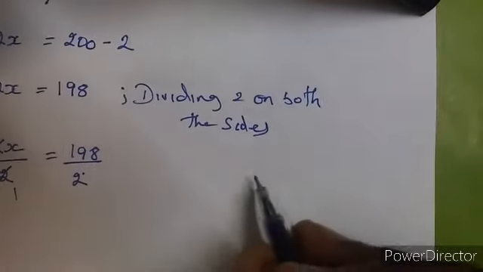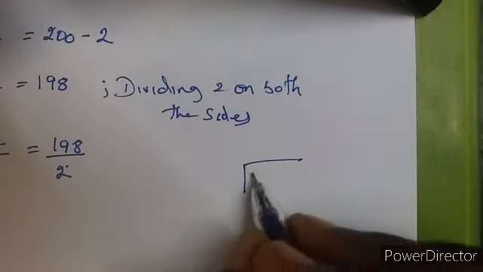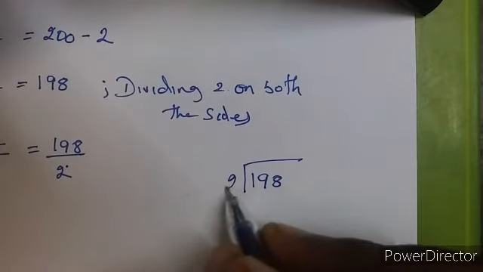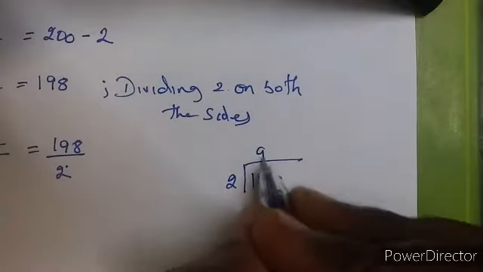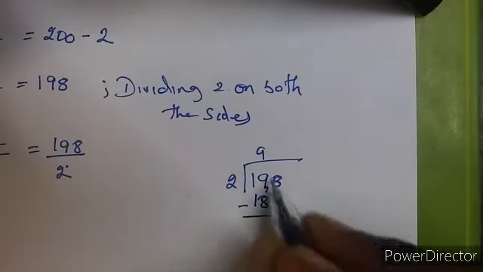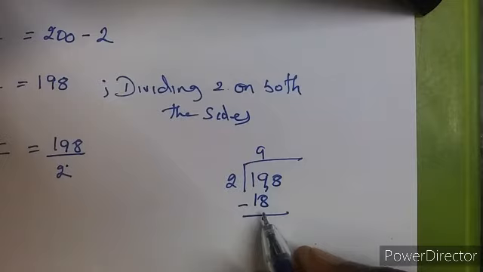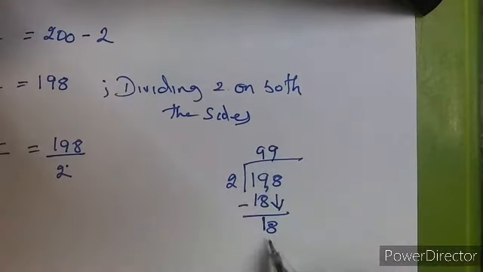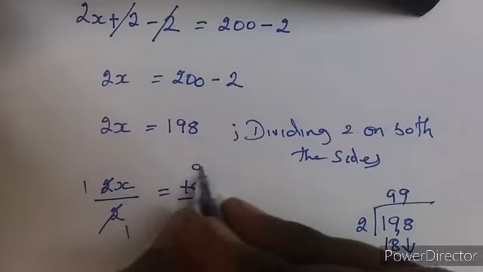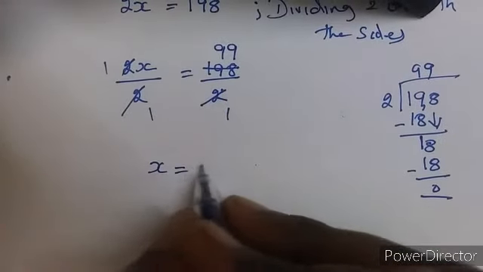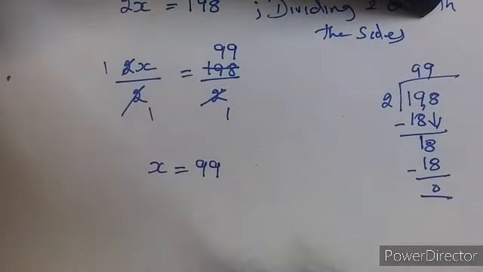By the usual division method, 198 divided by 2: 2 9s are 18, subtract 19 minus 18, 1, get down this 8, so again 2 9s are 18. So 2 1s are 2, 2 9s are 18. Now your answer is x equal to 99.